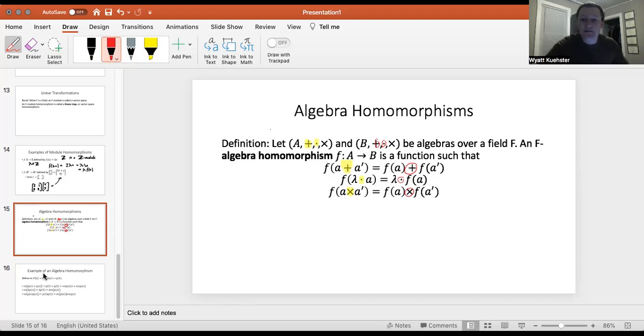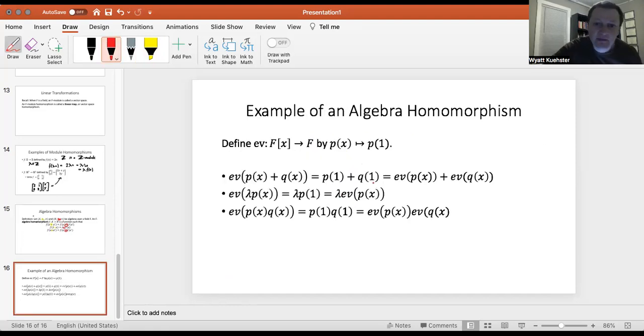Let's do one example of an algebra homomorphism and then be done. The example that we might use later is the evaluation map. So I can add and multiply polynomials, and I can also scalar multiply polynomials. So if I take a field and I take the polynomial algebra over that field, that's an F algebra.